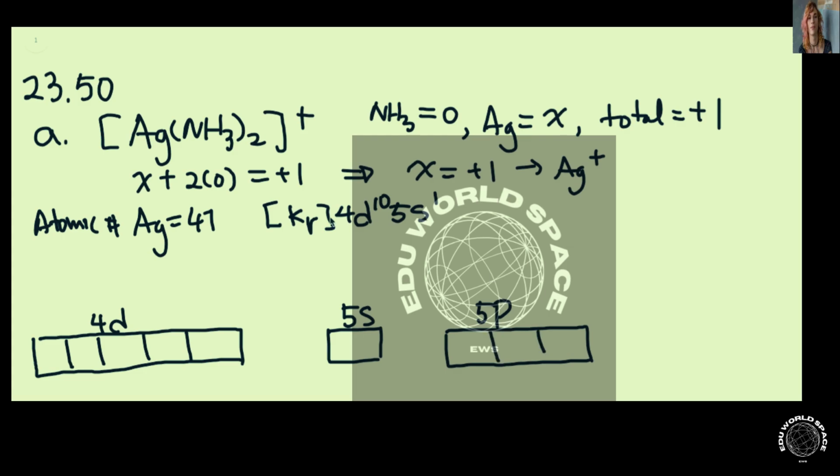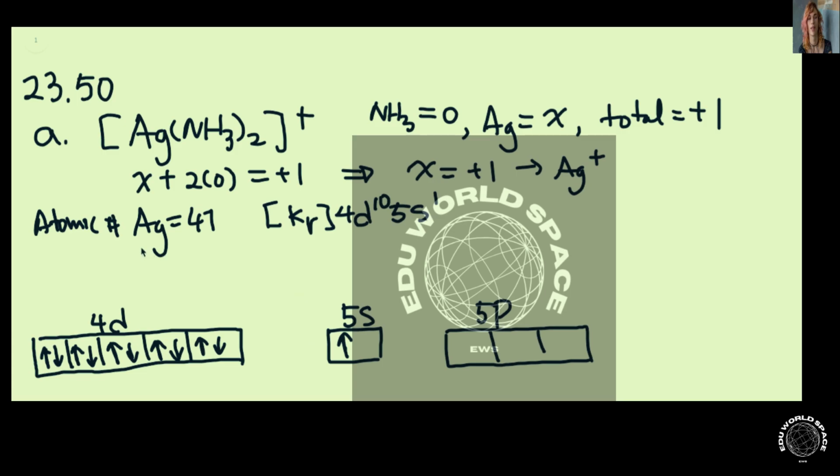There are 10 electrons in the 4d orbital, and 1 electron in the 5s orbital. So that is the outermost electron arrangement for silver.